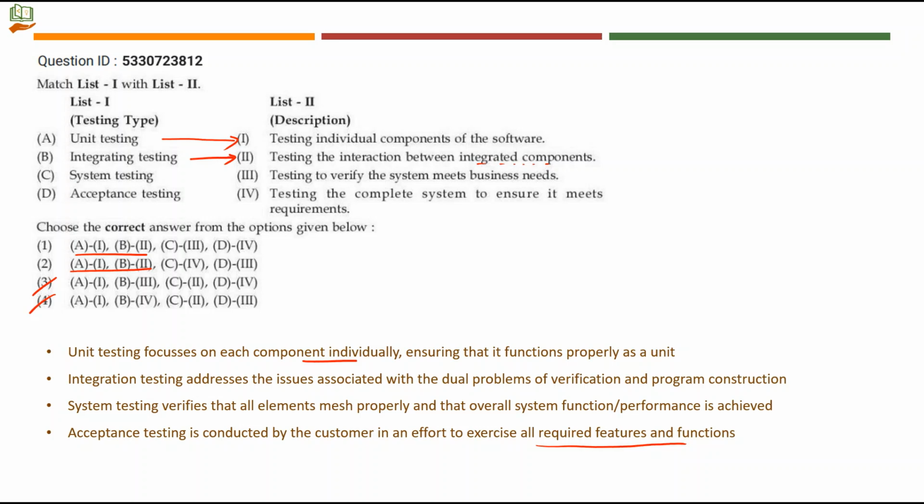Whether it functions correctly, whether the performance is perfect, everything can be tested in system testing. We can map C to 4. Option 1 is also ruled out. What about acceptance testing? It is done by the customer. What does the customer test? The customer will test whether it is meeting all the business needs. So D will map to 3. Option number 2 will be the right answer. With this, we are completing Unit 6 solutions.